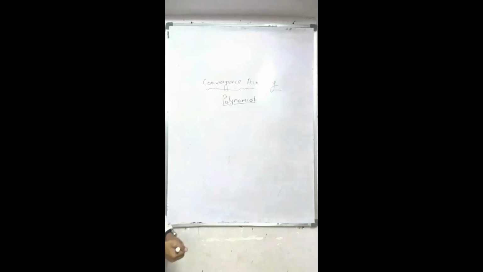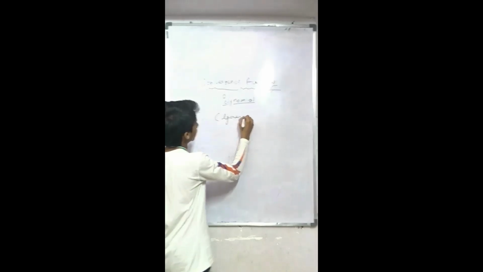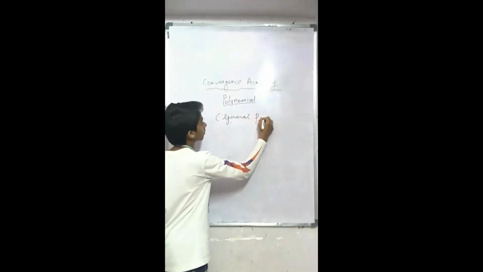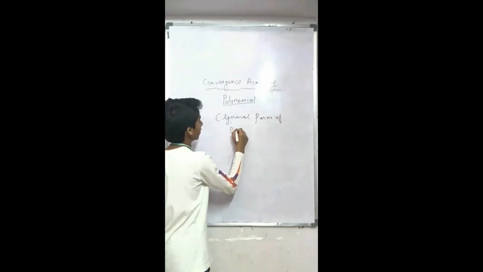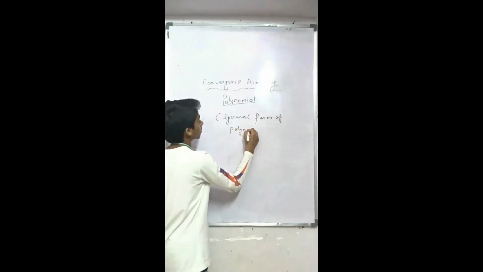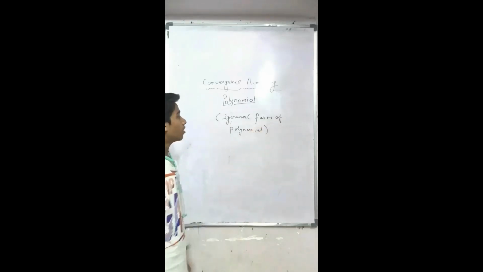So our next point is the general form of polynomial. So what you see here, the general form of polynomial.